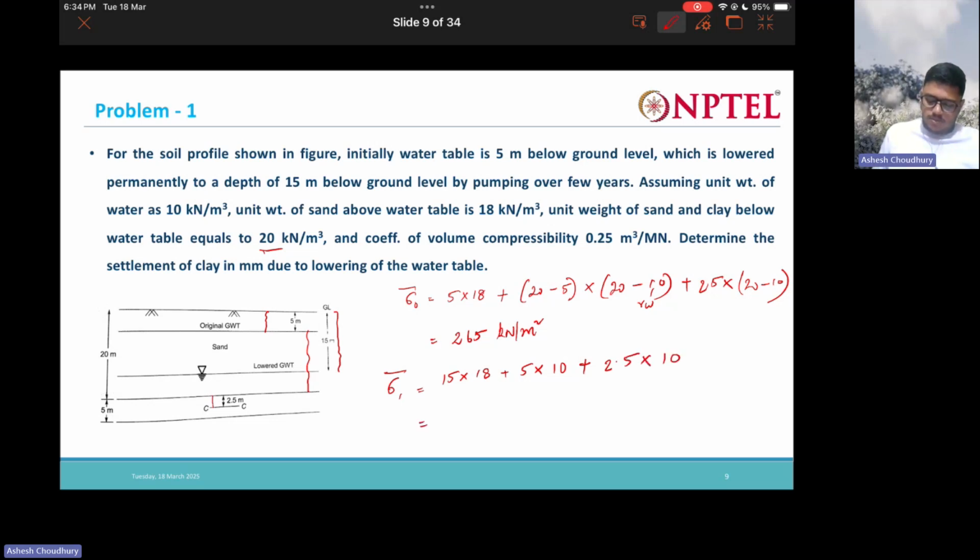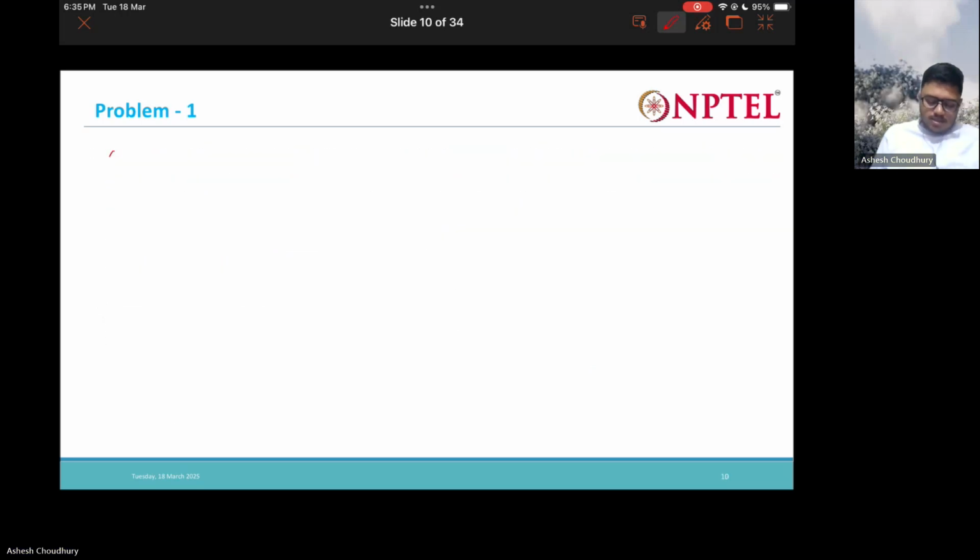So this one will come out as 345. You can see that as the water table reduces, the effective stress increases. This increase in effective stress will start the consolidation settlement in the soil. So what is the increase in the effective stress? It's 345 minus 265, or 80 kilonewton per square meter.